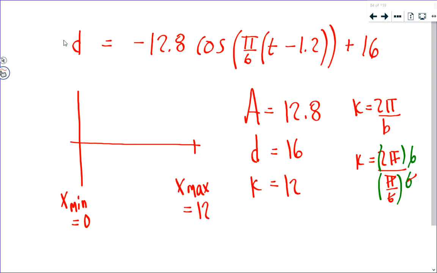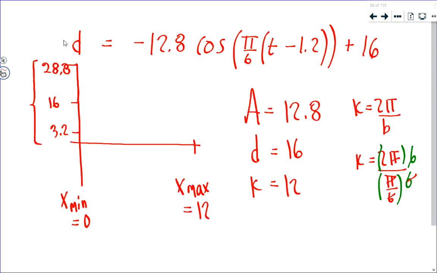Well, the displacement's at 16. One amplitude above would be 16 plus 12.8, which would be 28.8. And 16 minus 12.8 would be 3.2. So you have to set up your vertical window settings to see those numbers.